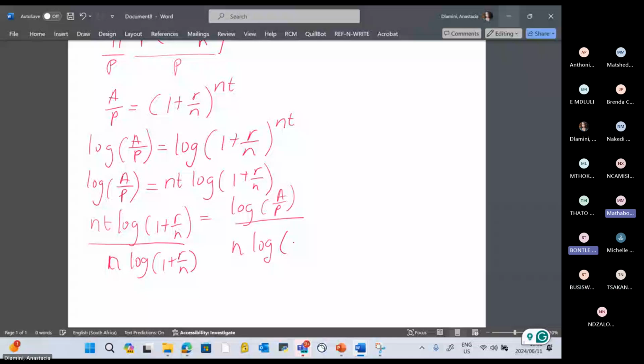So I'm gonna say that 2n, which is my exponent, I don't know how to explain it, but I said 2n is equals to the log of 2 to the base of 1.025.